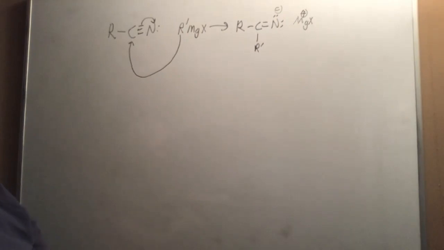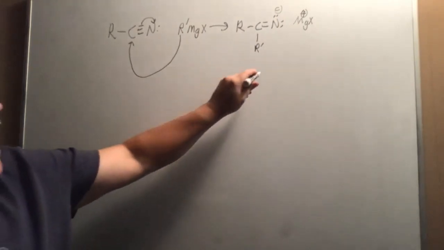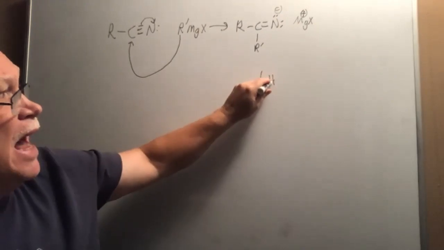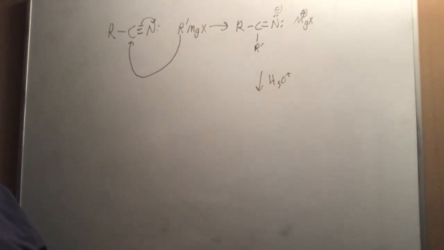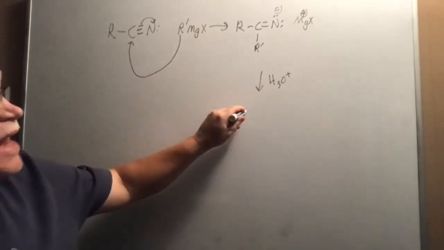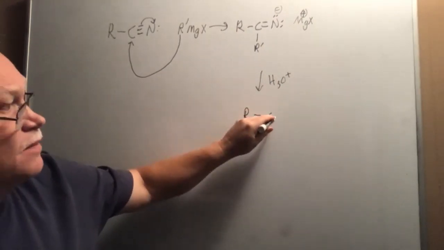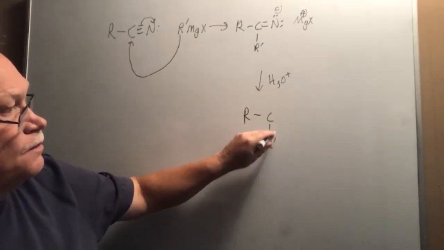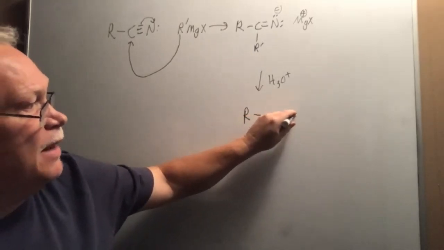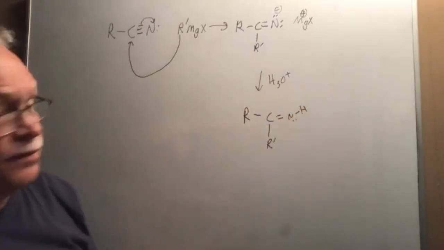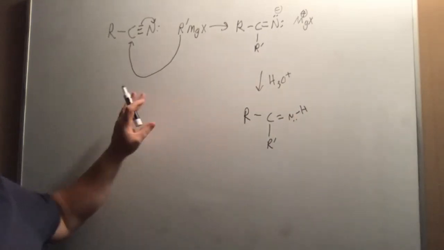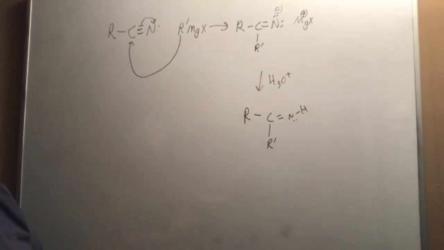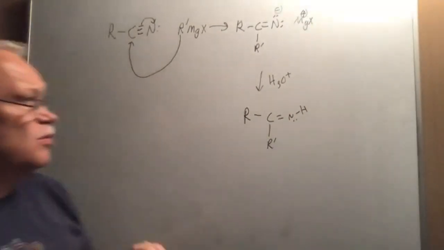Now, if I acidify this and add acid, I can write the acid as H plus. I think in my notes here I wrote it as H3O plus. What that does for me is this. It protonates the nitrogen. Now, after several steps, we're going to get the ketone. You're not going to be responsible for these steps.